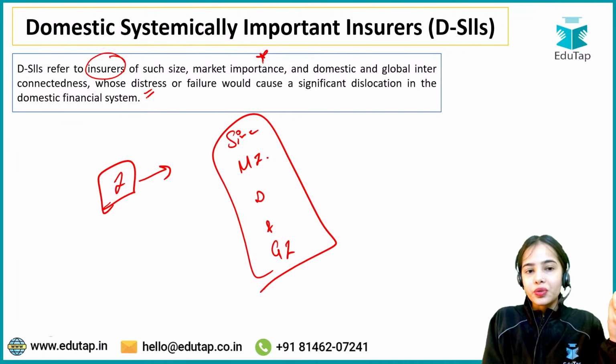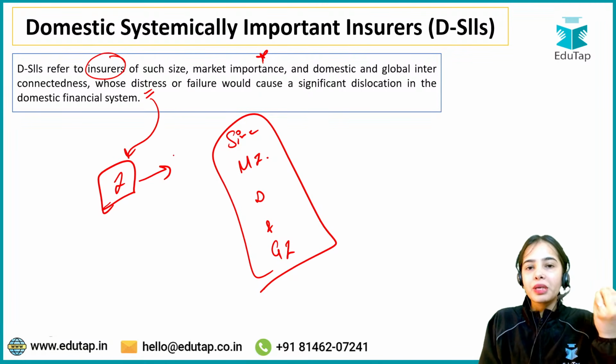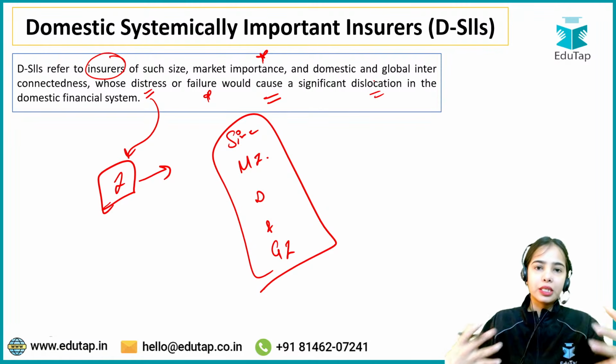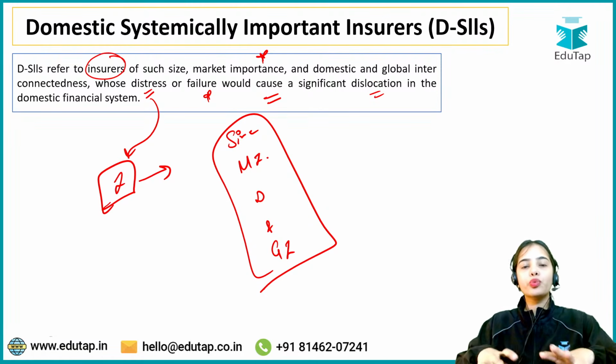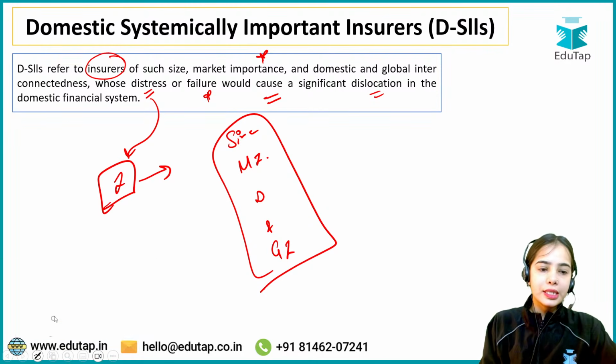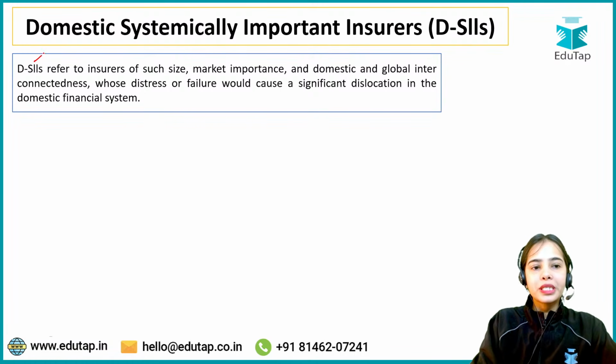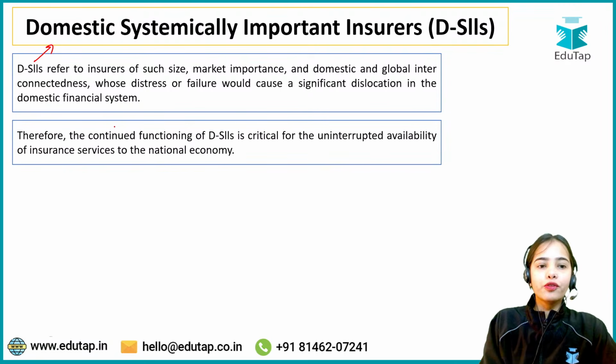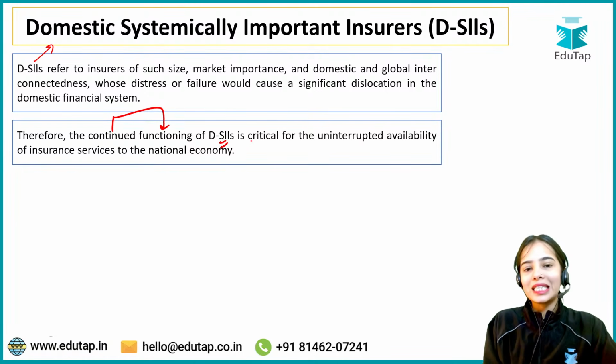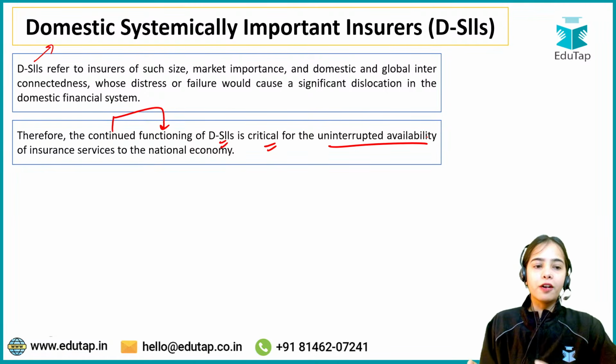Now if these insurers are in distress or if they fail, this would cause a significant dislocation in the domestic financial system. It will create a huge problem for the domestic financial system. So that's why these are the domestic systemically important insurers. Therefore, the continued functioning of these entities is critical for the uninterrupted availability of insurance services to the national economy.